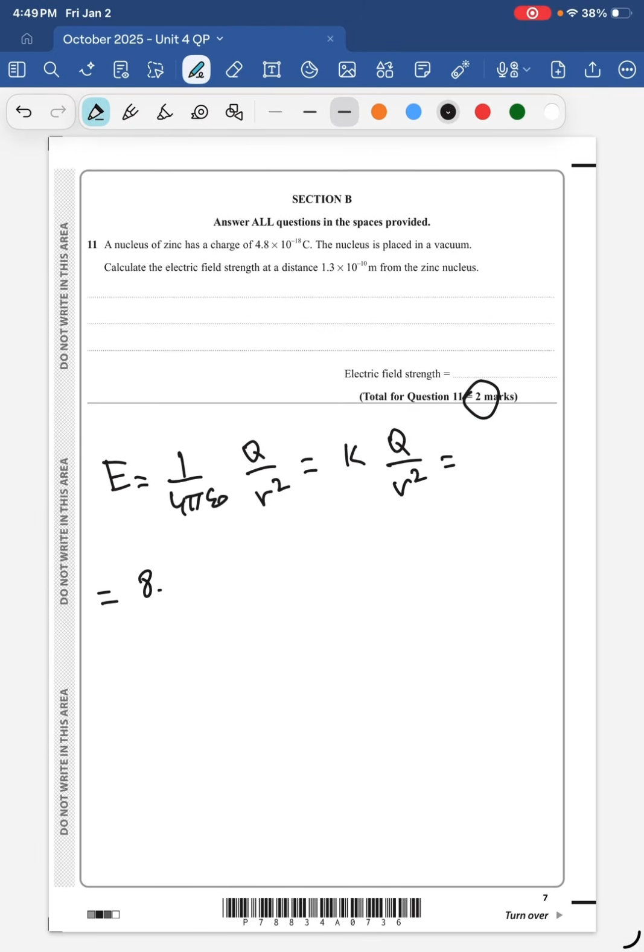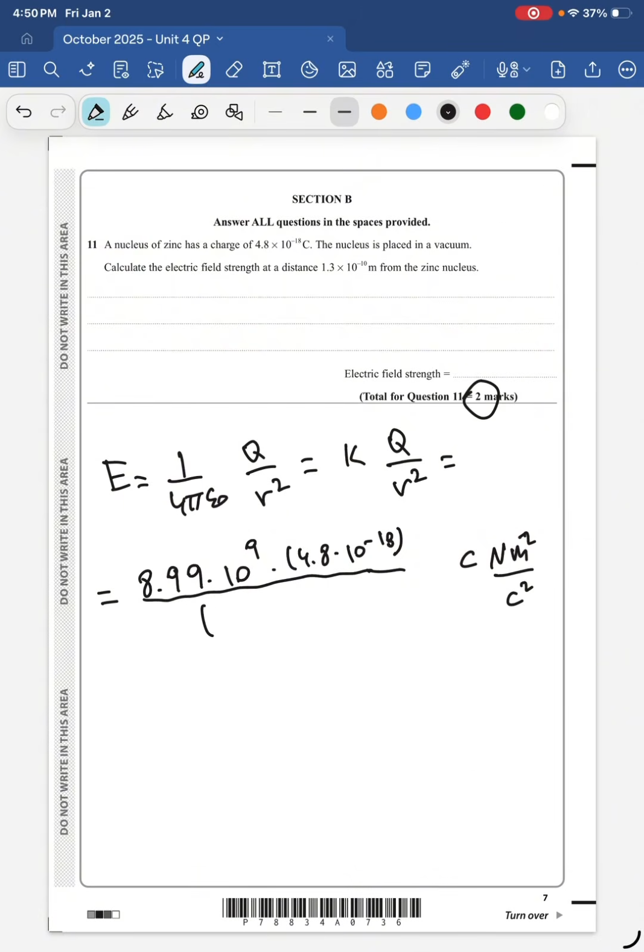So K is 8.99 times 10 to the 9, and this is in units of newtons meter squared over coulomb squared. Again, remember, I move all the units to the right and I keep all the numbers to the left. That's how I work. And then we have to multiply by the charge, which is 4.8 times 10 to the negative 18 coulombs.